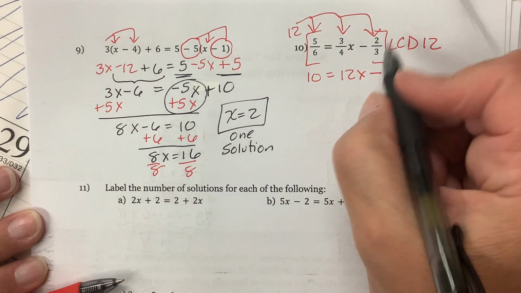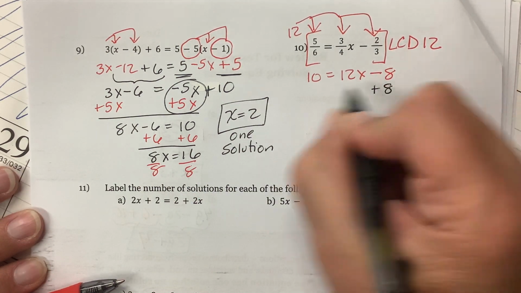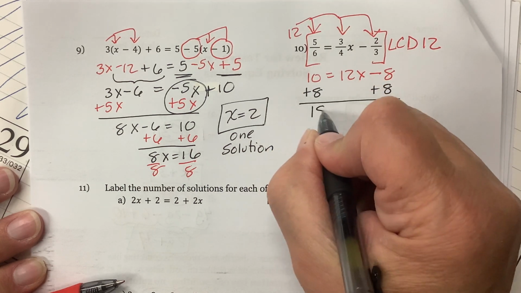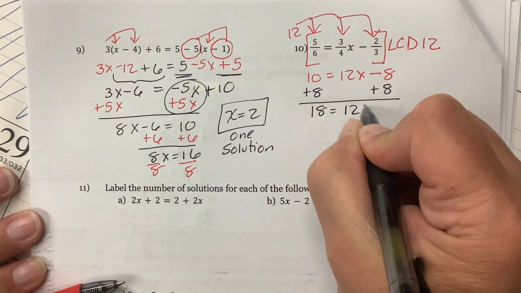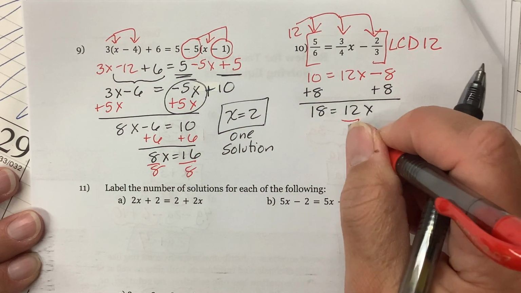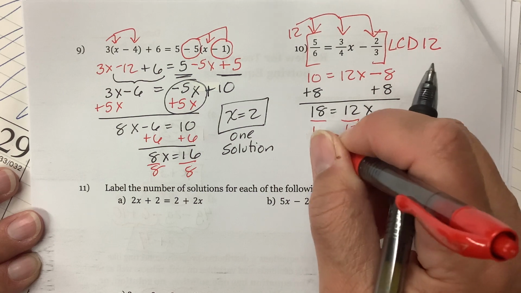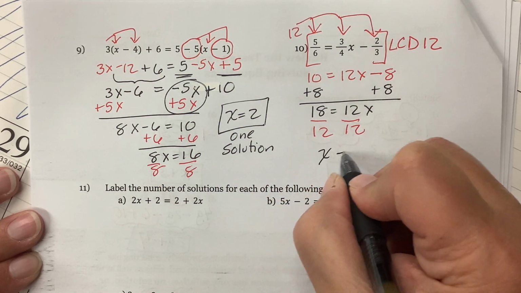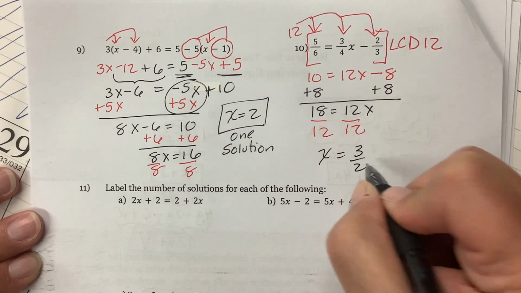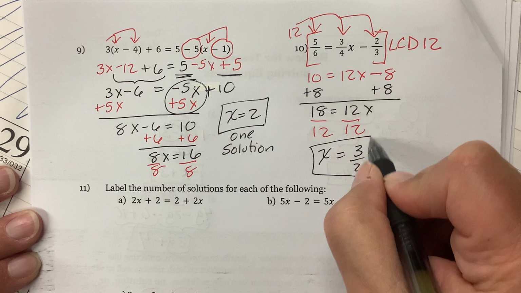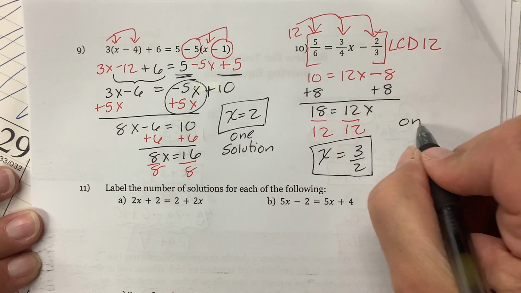Okay, so I'm going to add 8 to both sides and get 18 equals 12x. Divide both sides by 12 and get x equals 3/2. Well, it's actually 3/2 equals x, but I just flipped it around, which is again one solution.